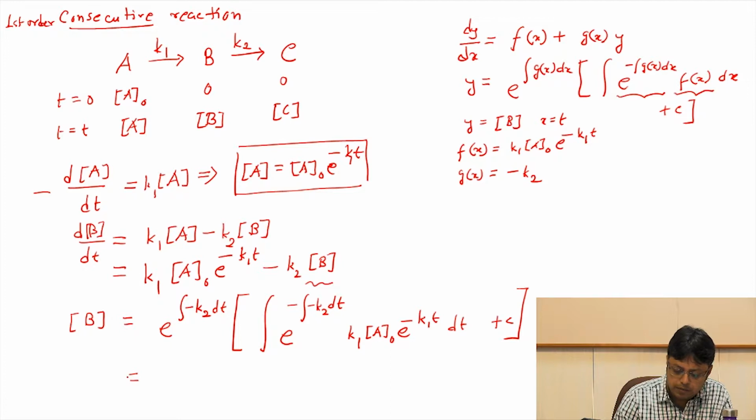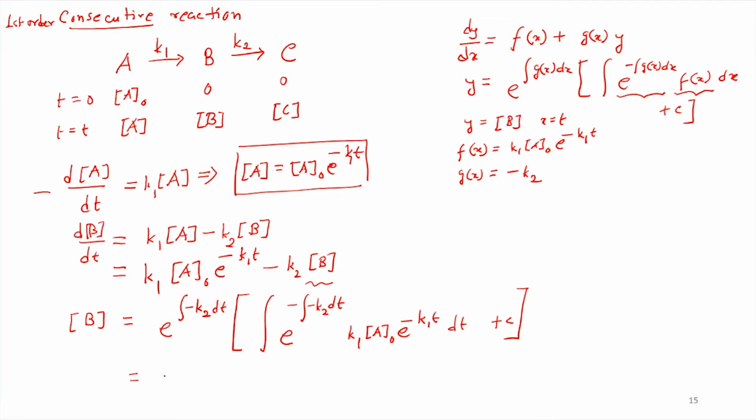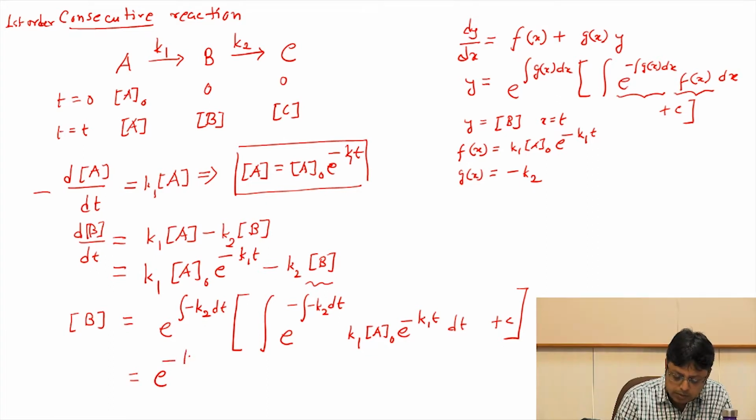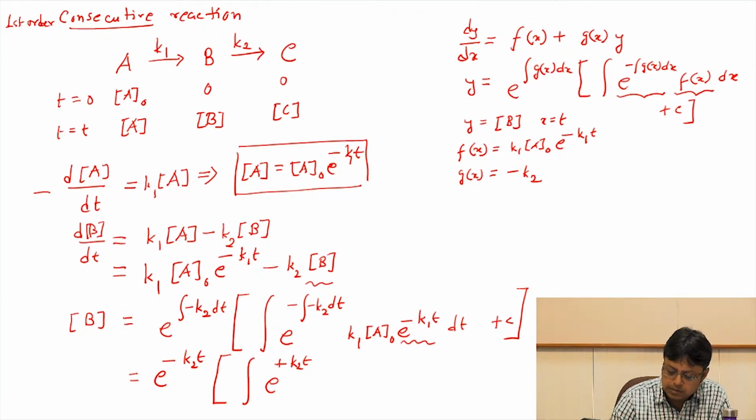Now if we write it down very carefully, I'm keeping the c right now. e to the power minus K2 is just a constant, so this will be nothing but e to the power minus K2 into t, and inside the bracket I'll have e to the power plus K2t now because there are two minuses, and then e to the power minus K1t, but I could write them together.